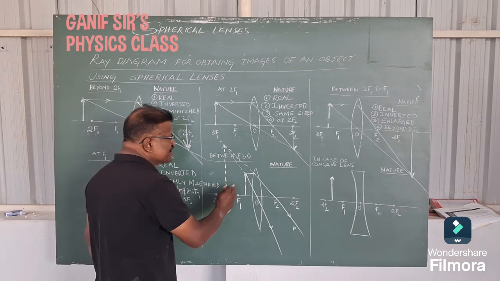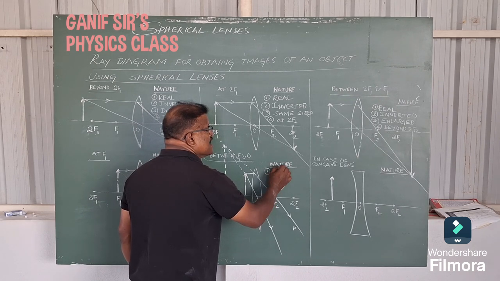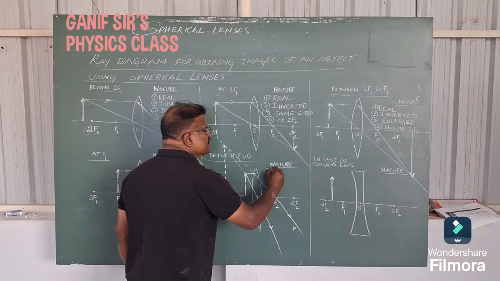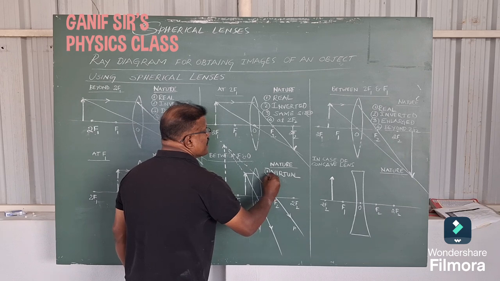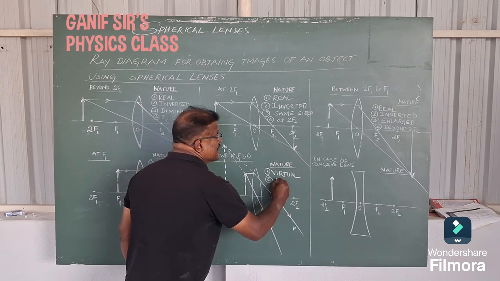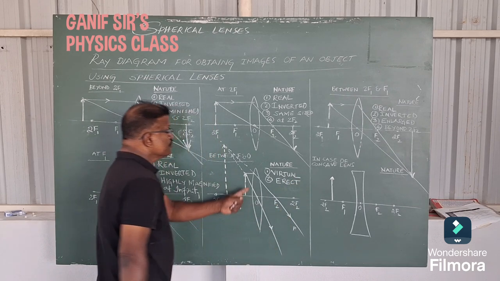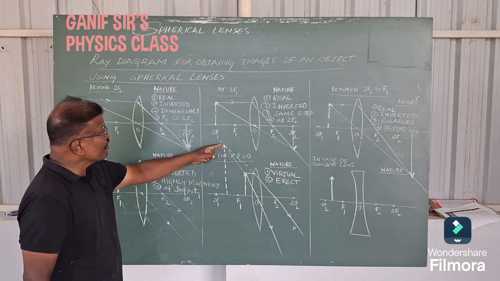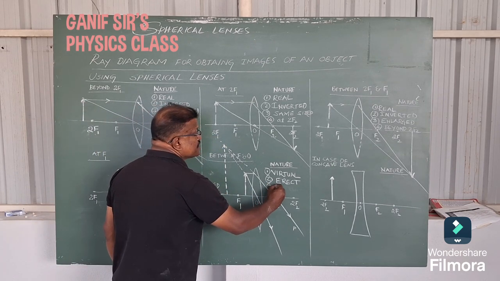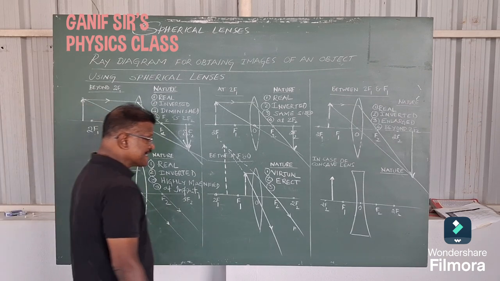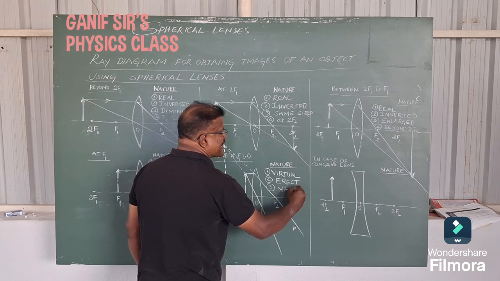So let's discuss the nature of the image obtained. The first one is that the image is not real, meaning it's virtual. The second is that it appears to be erect, because the two rays appear to come from this single point which lies above the principal axis. The third is regarding the size: enlarged, or magnified.